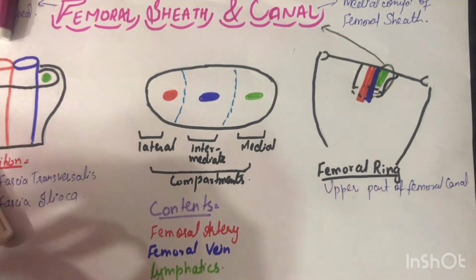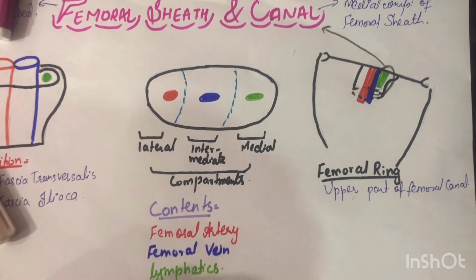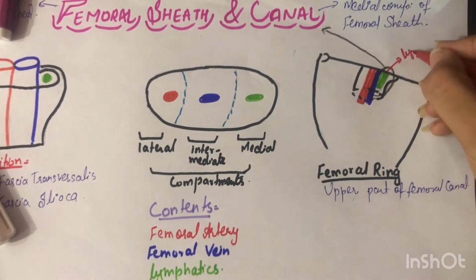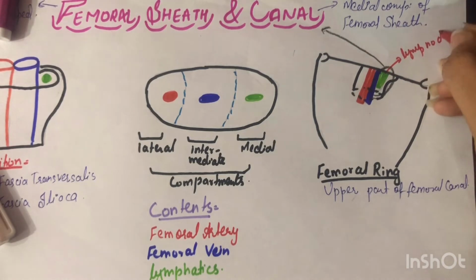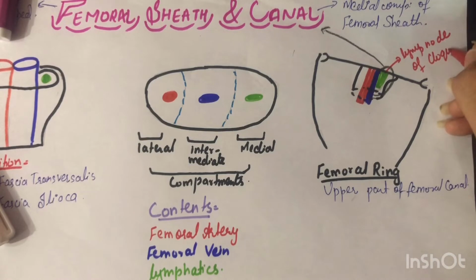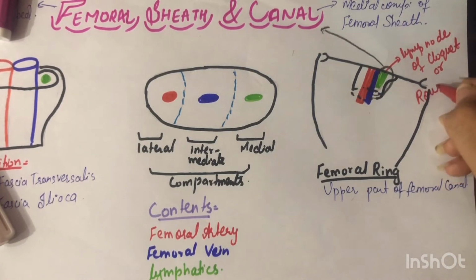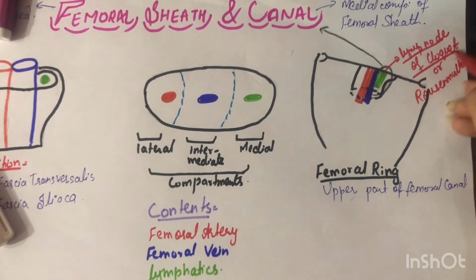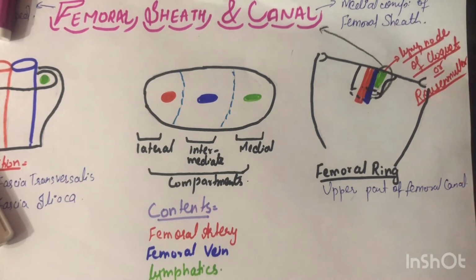So these lymphatics have a special name that is called lymph node of Cloquet or Gruson-Muller, right? So they have a special name. Here I have written these lymph nodes.